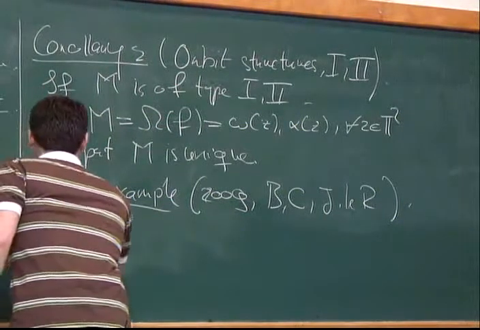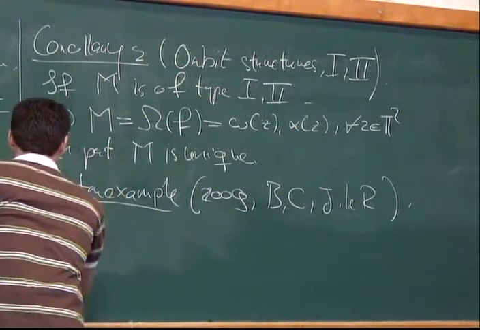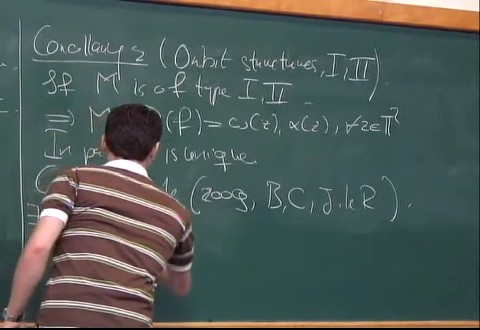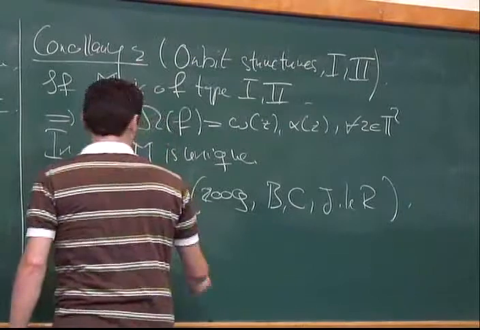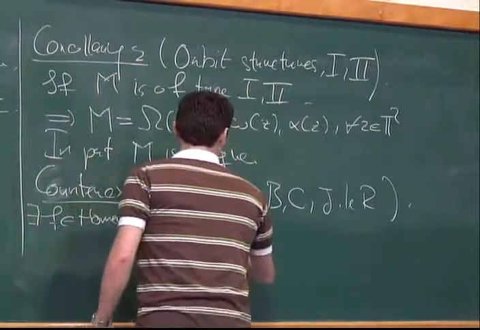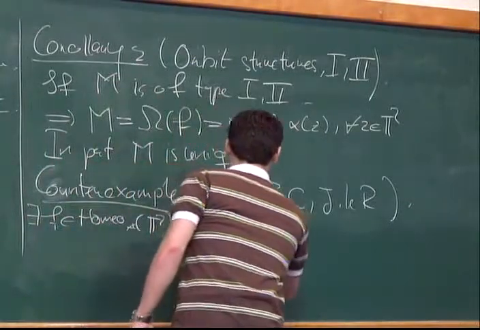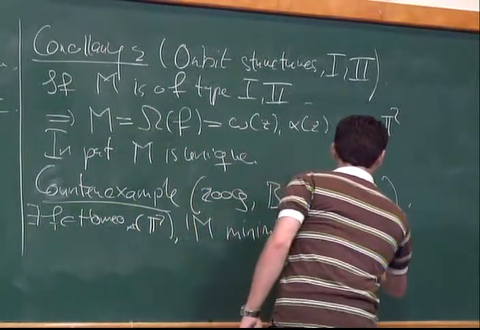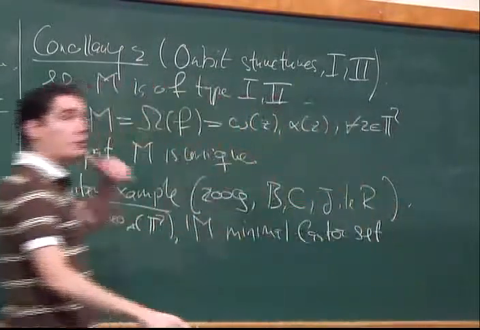What they showed is that there exists F non-resonant, where M is the unique minimal Cantor set, but there's also a dense orbit.